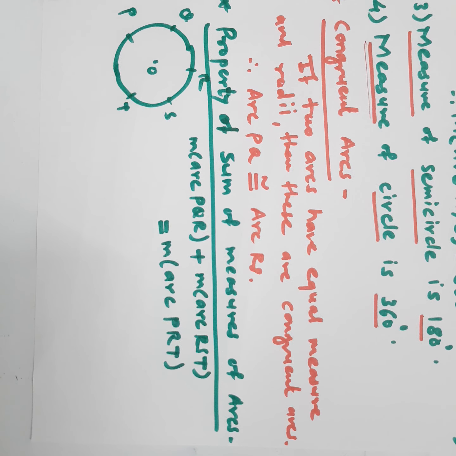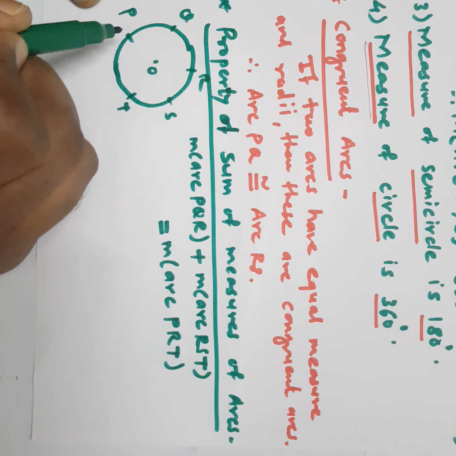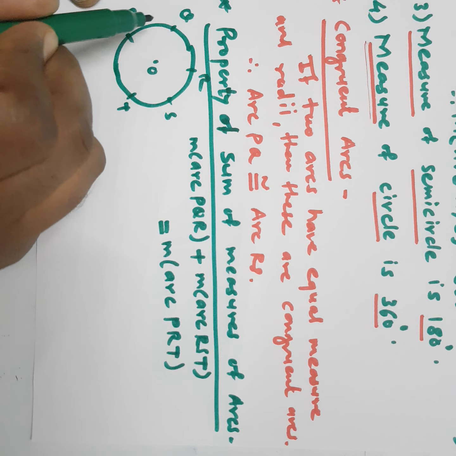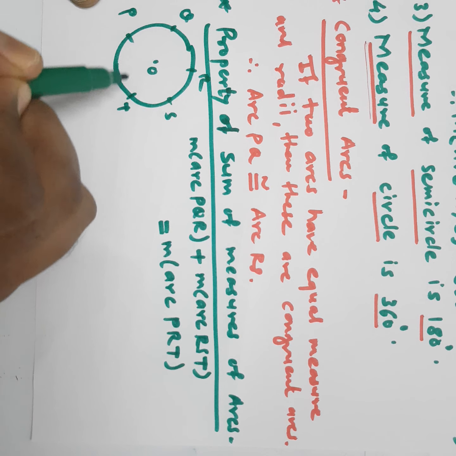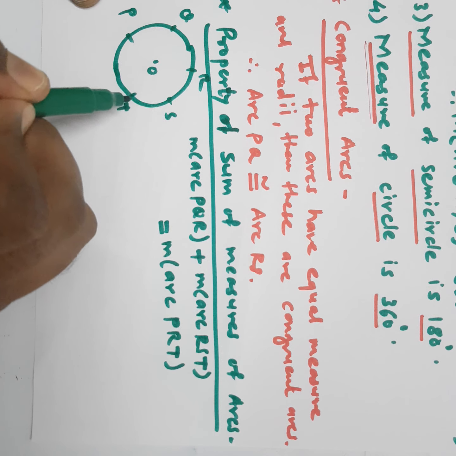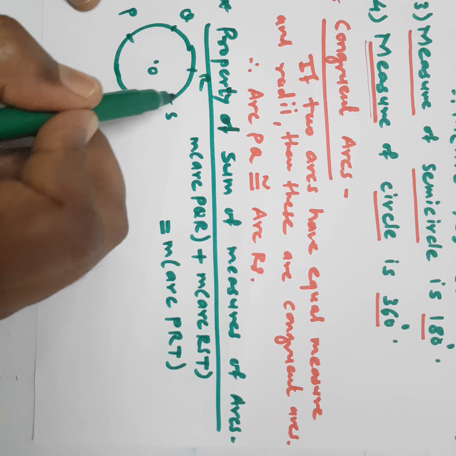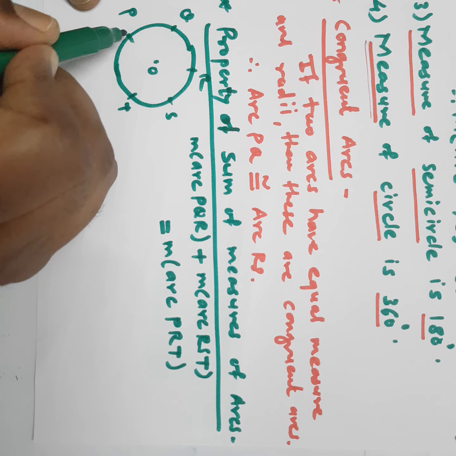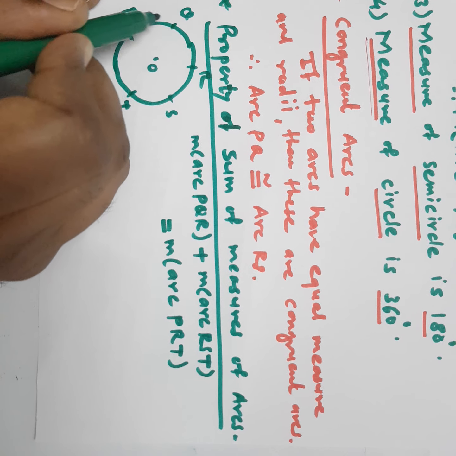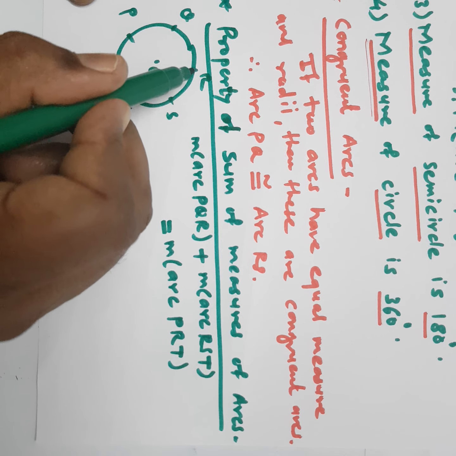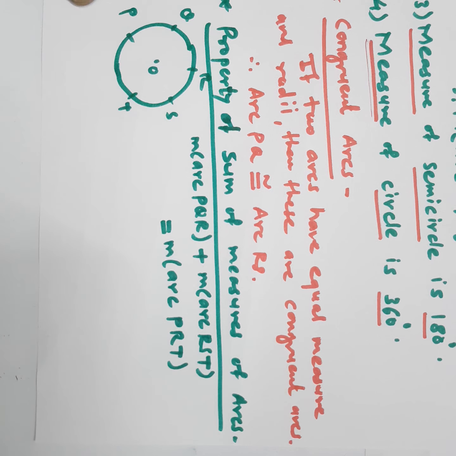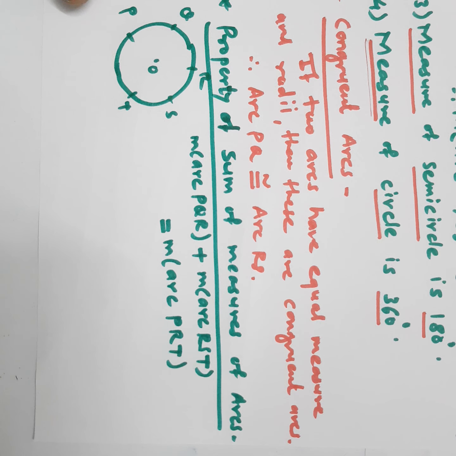Like segments, arcs can also be added as sub arcs. Here arc PRT is equal to measure of arc PQR plus arc RST. It is the simple summation of the arcs.